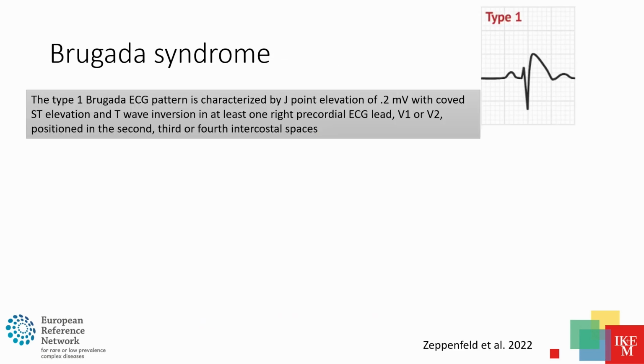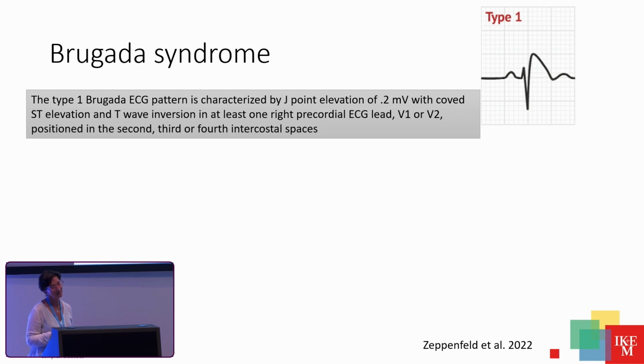Brugada syndrome is, in my eyes, very controversial, but in some patients a highly malignant inherited condition. You all know its definition: there has to be a J point elevation in the right precordial leads, and you have to position them in the second or third intercostal spaces.